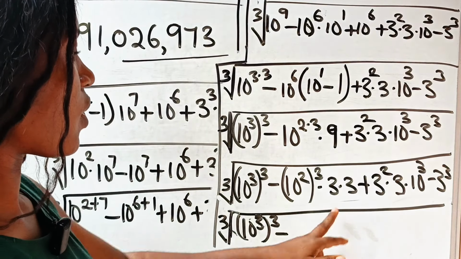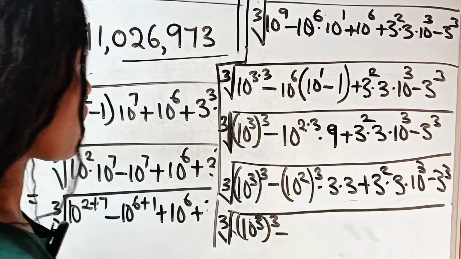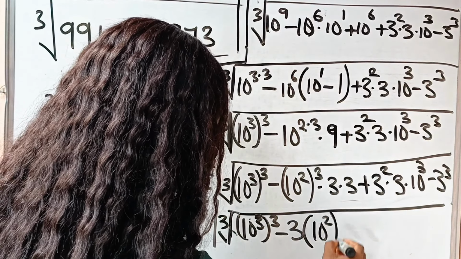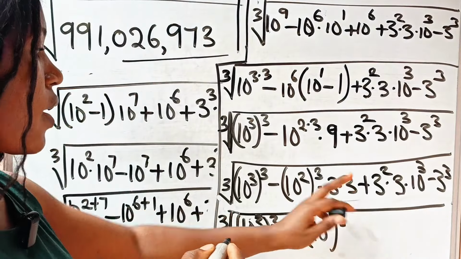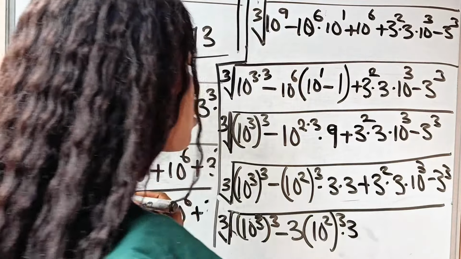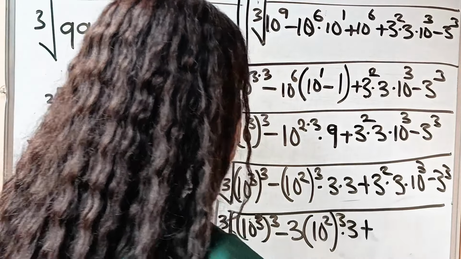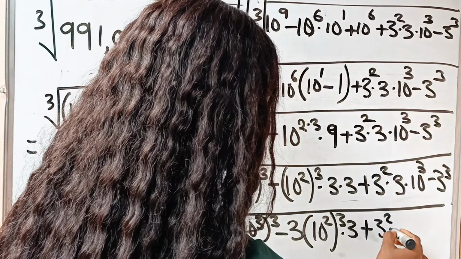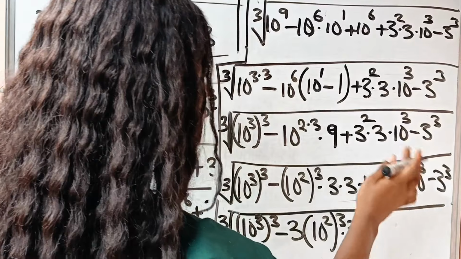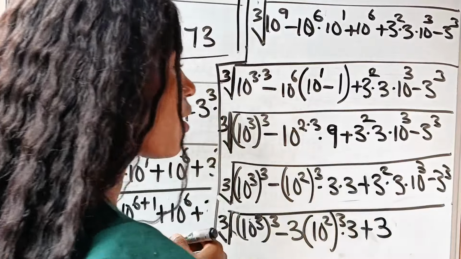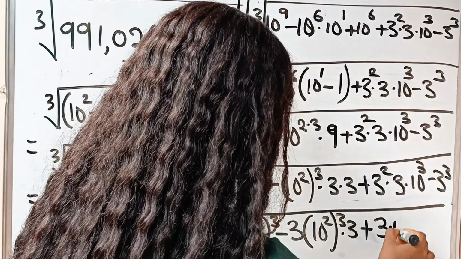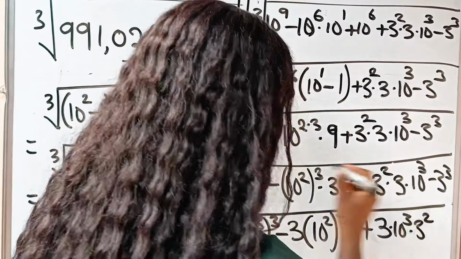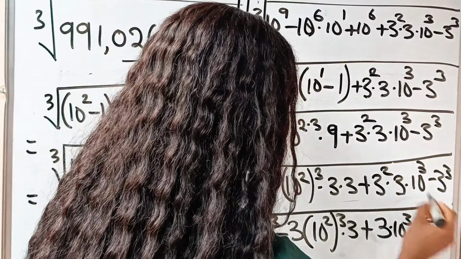Now let's bring this 3 out. Let's bring it out here. So we have 3 brackets, 10 to the power of 2 raised to the power of 3. Then we have 1 3 remaining here. Okay? Plus, we have 3 squared multiplied by, or let me bring this 3 here. So we have 3 times 10 to the power of 3. Then before 3 squared, I have my reason, okay? Minus 3 to the power of 3.